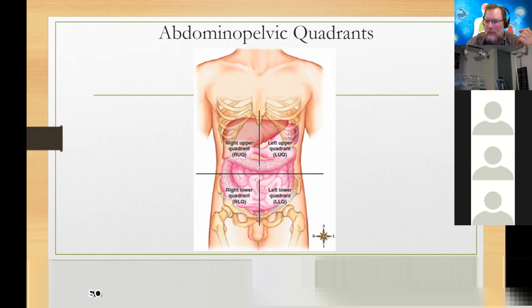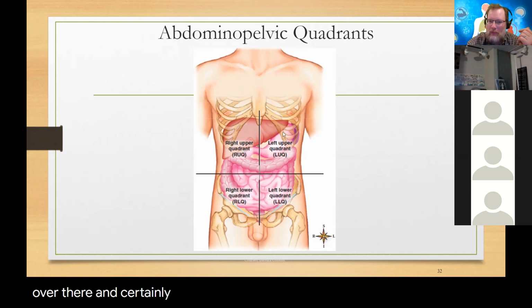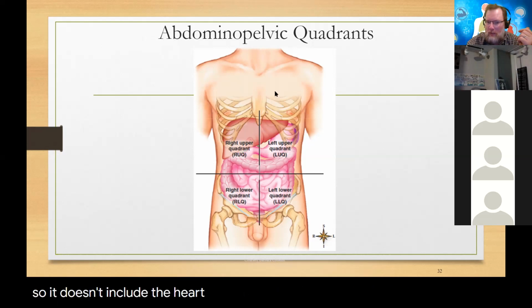So anyhow, left upper quadrant, you're going to find the spleen sitting over there, and certainly a big part of the stomach. Now, this is abdominopelvic, so it doesn't include the heart. But the heart, notice, is a little bit left-justified. It sits up here. The diaphragm sits here.